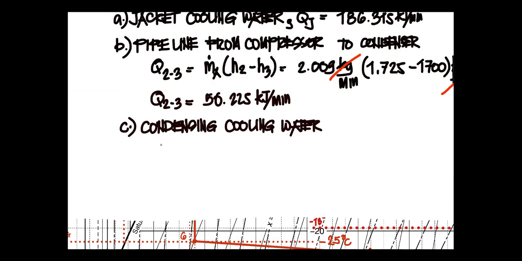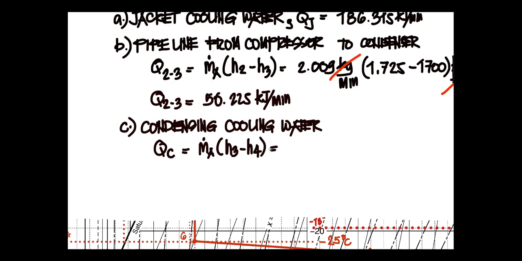So again, we have your equations here. For condensing water that is required to cool our condenser, we'll be using again the mass of your ammonia multiplied by the change in enthalpy from point 3 to 4.